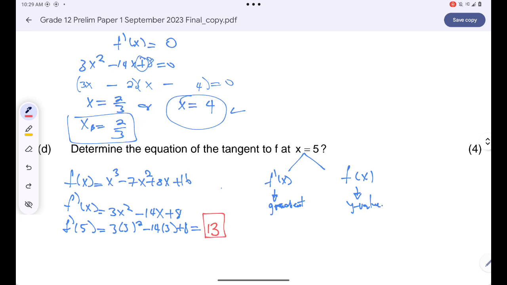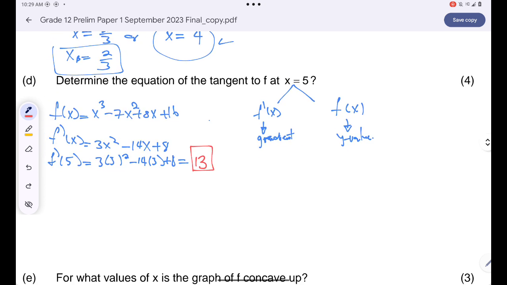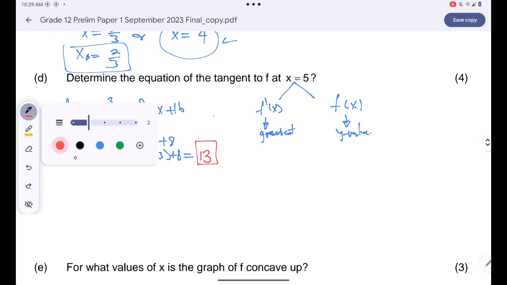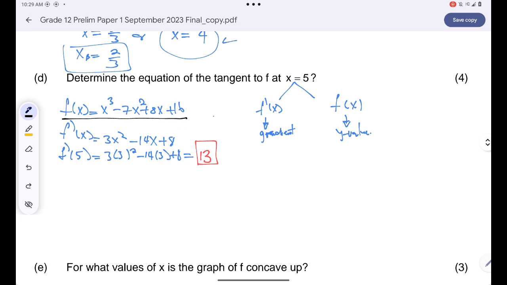I now know the gradient, so let's go and find the corresponding y value. We are just going to use the original function. So f of 5 is basically 5 cubed minus 7 times 5 squared plus 8 times 5 plus 16.